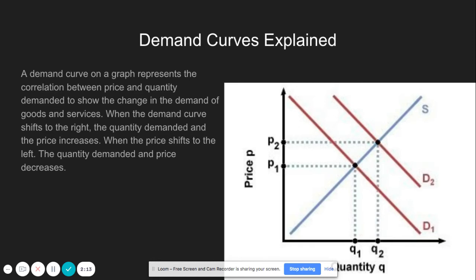So when this curve is shifting to the right, as in the picture, that means that both price and quantity increase. But if it were going the other way, to the left, that means both price and quantity decrease. So demand will either pull both things forward or both things back, but supply will change one or the other.